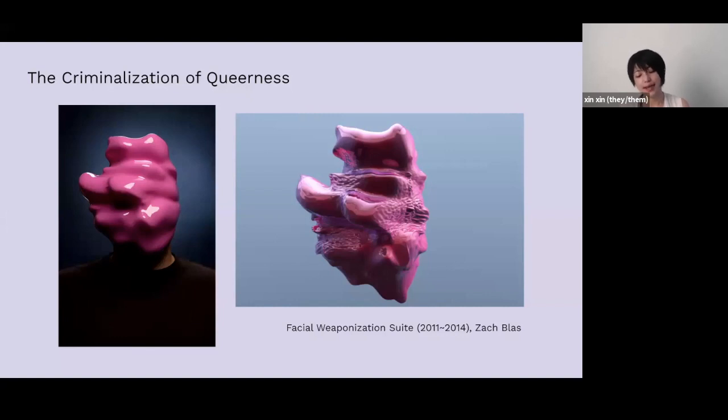What Zach Blas is looking at is a brief history of the criminalization of queerness, specifically through facial recognition. It was research conducted at a top university, and the researcher believed that by analyzing and sorting images of gay men, there is a way to predict who is gay and who is straight.